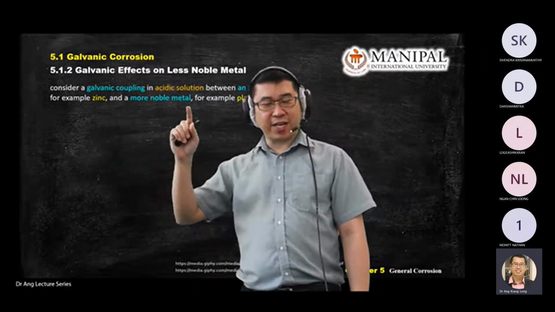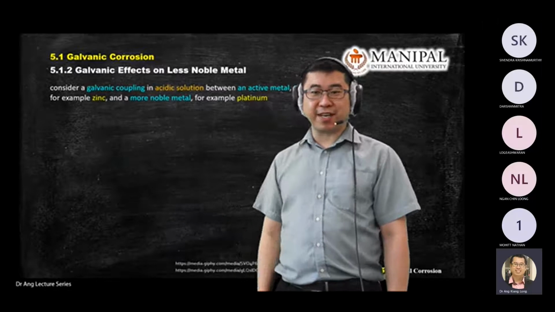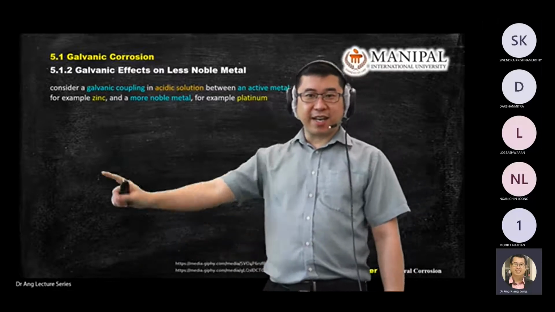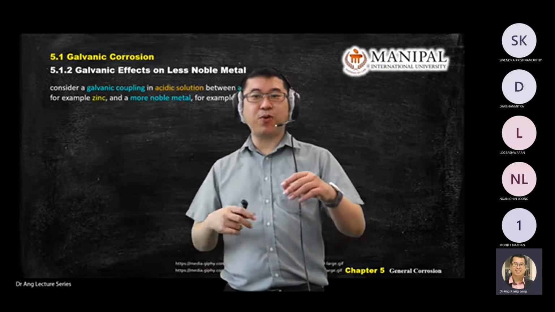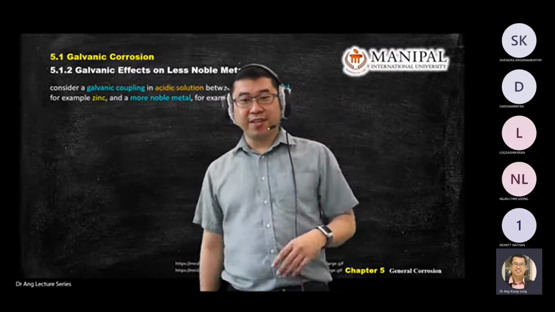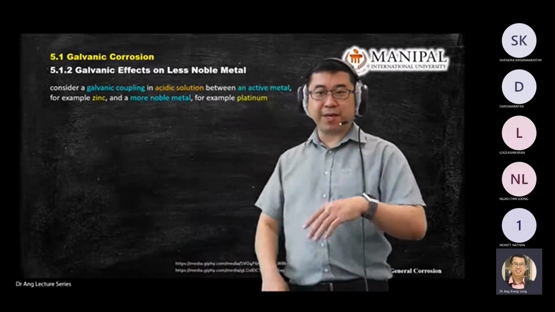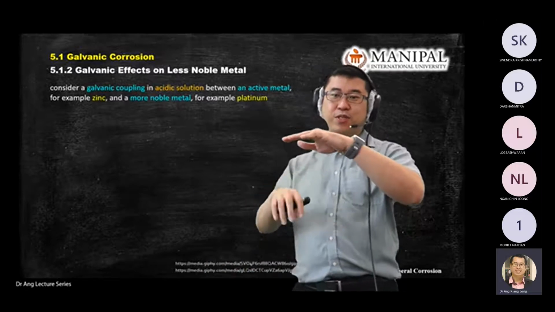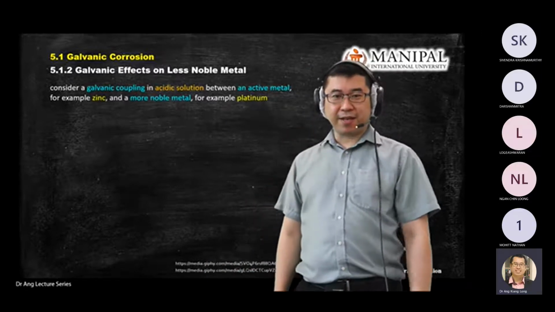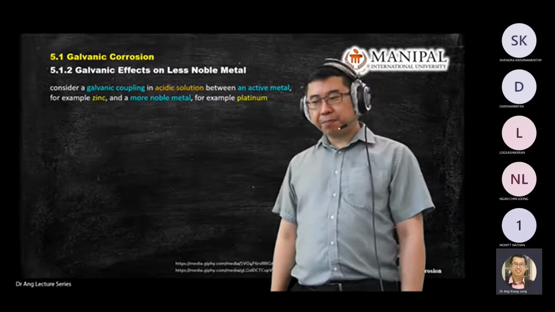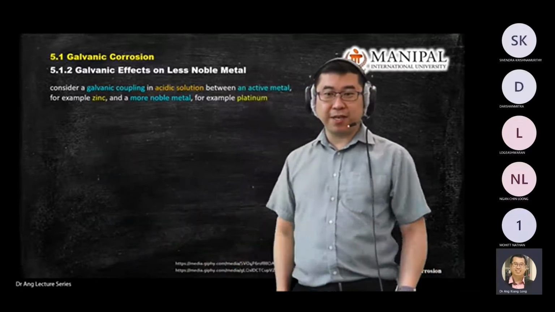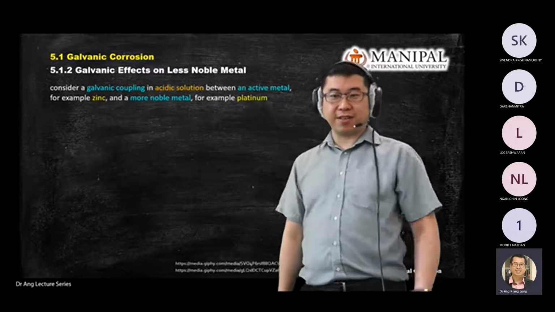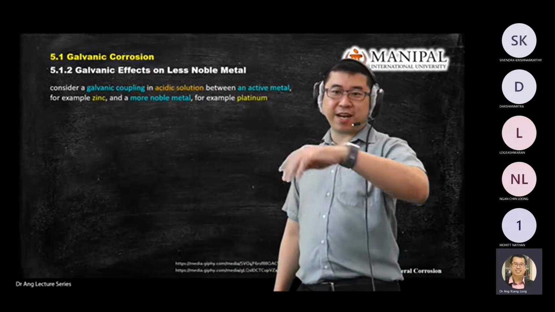In almost 70% of cases, as long as zinc is in the system, zinc will always become the low-nobility metal that experiences corrosion. In fact, in most cases we purposely put zinc into the system to sacrifice it, just to protect the other material.